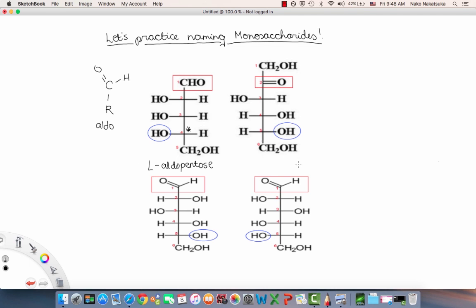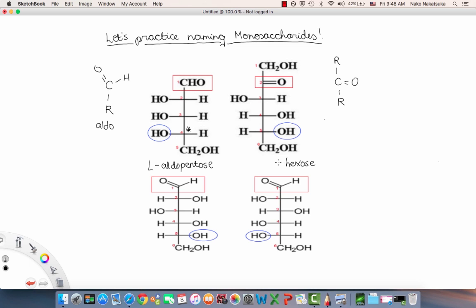And so now let's look at this guy. I numbered it 1, 2, 3, 4, 5, 6, and thus it's going to be a hexose. And now looking at this carbonyl group, we can see that this is a C double bond O, and then we have an R group, the CH2OH, as well as this other big R group, and thus it's a ketone.